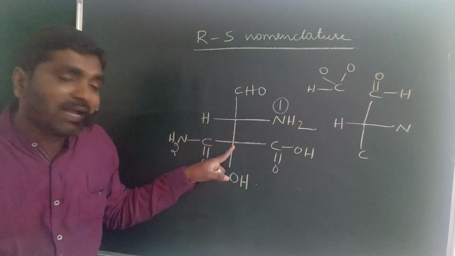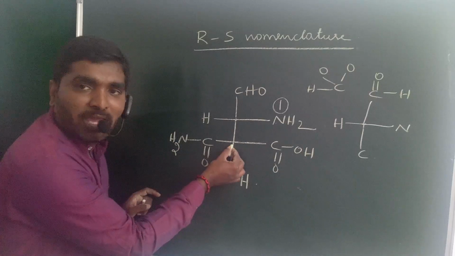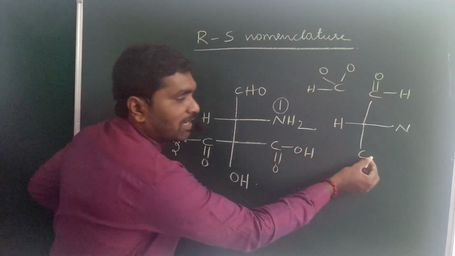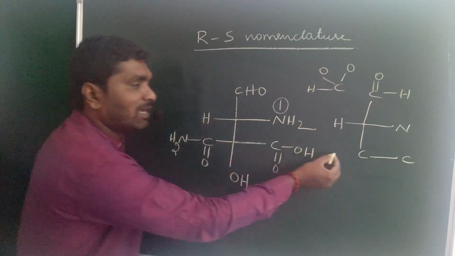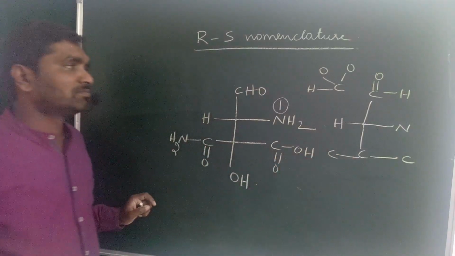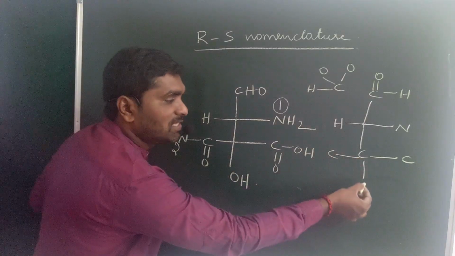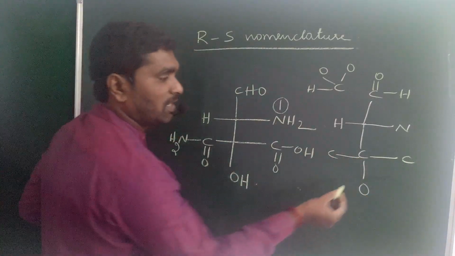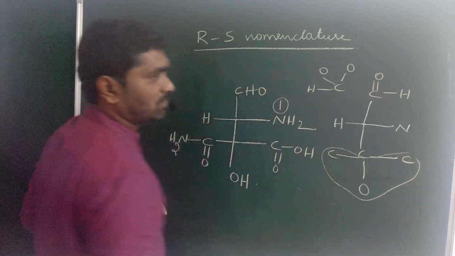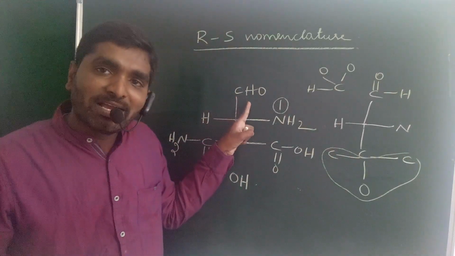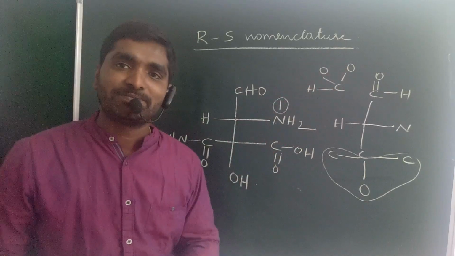But the carbon below the plane is bonded with a carbon atom, the left side carbon atom, and the oxygen atom below the plane. This carbon is bonded with two carbons and one oxygen, but the carbon above the plane is bonded with two oxygens and one hydrogen.